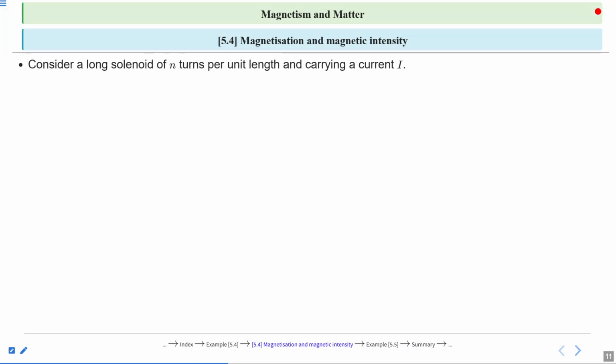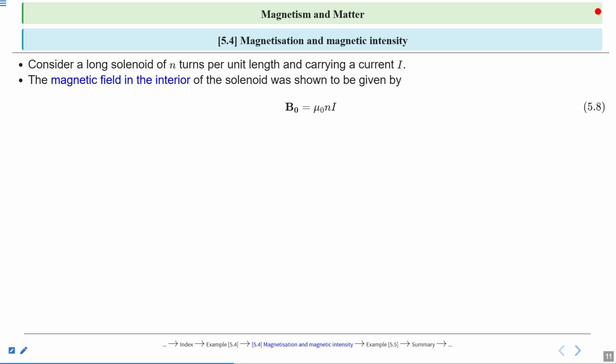Now consider a long solenoid of n turns per unit length and carrying a current I. The magnetic field in the interior of a long solenoid, or near the center of a finite solenoid, is given by B naught equals mu naught n I. This is a formula we studied in the previous chapter.